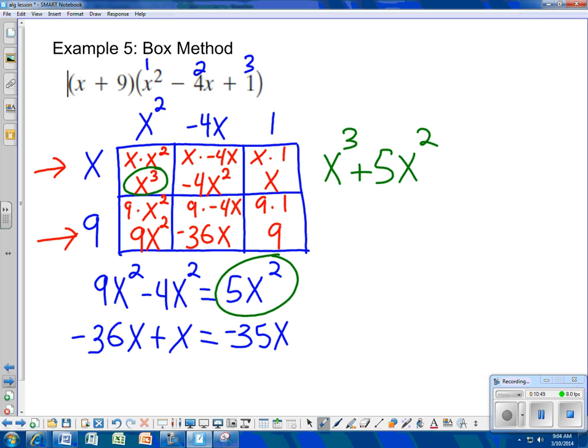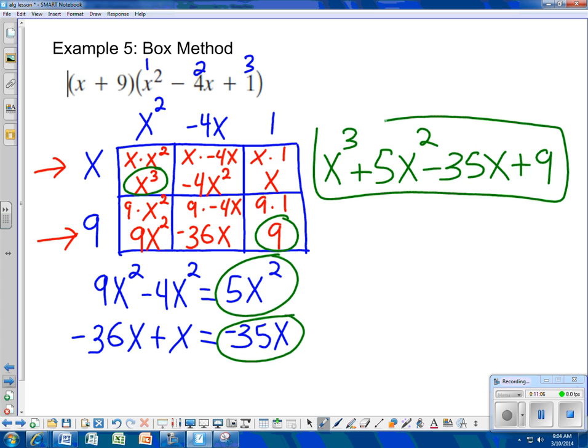The next part is just the single x without the exponent. So negative 35x. And the last part is just 9. All right, this is our final answer.